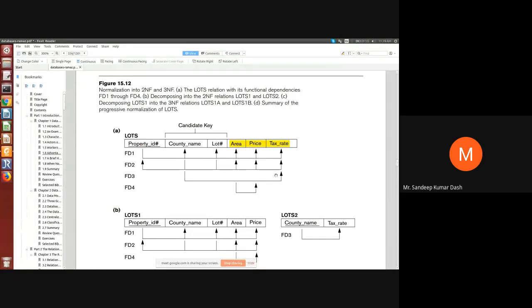Got it? Now again see this FD4. A non-prime attribute is dependent on a non-prime attribute. Whether this is allowed or not as per 2NF. Anyone?